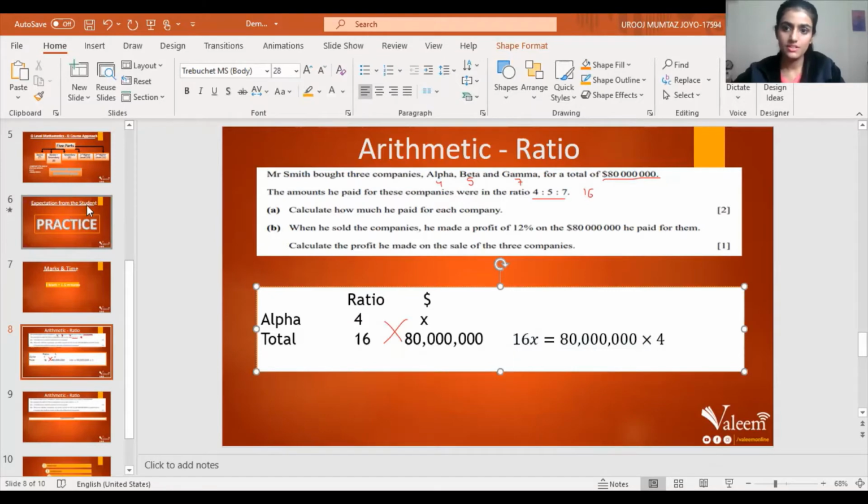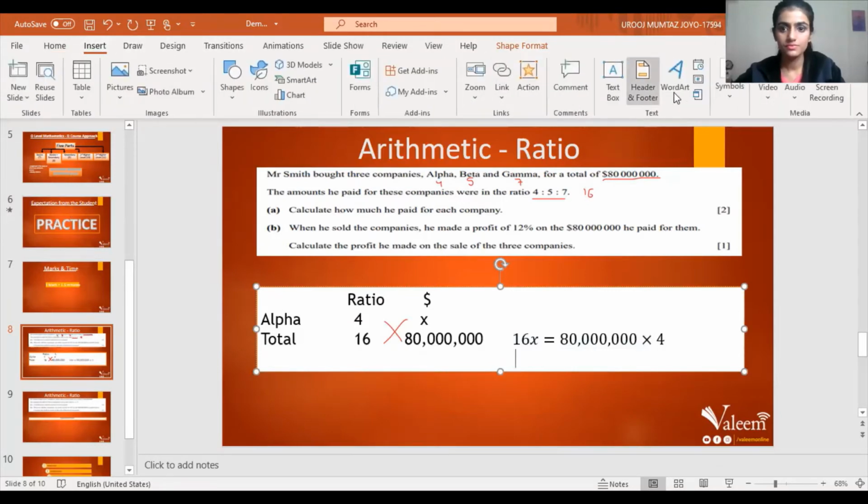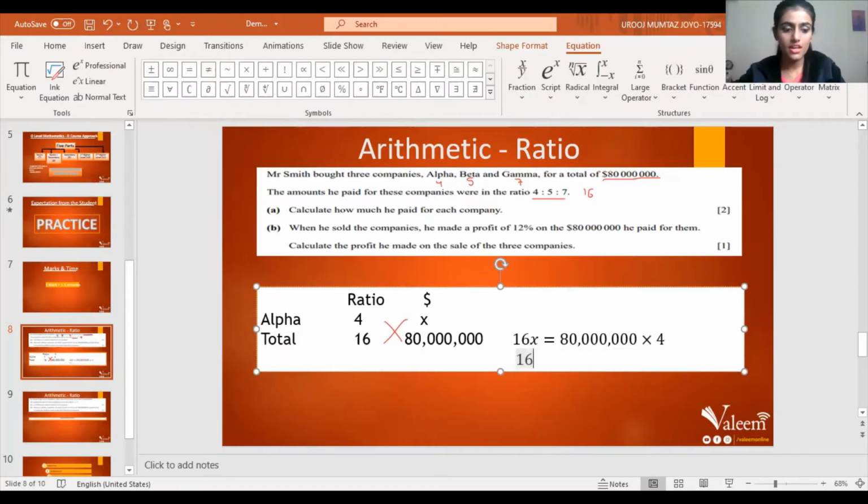If we calculate that using a calculator, which I'm also doing right now, it will be 320 million.